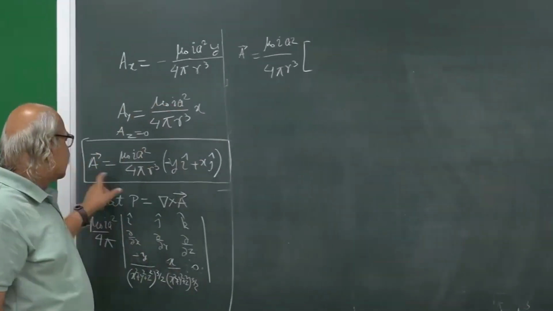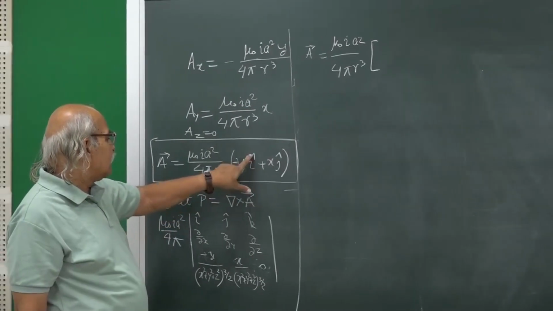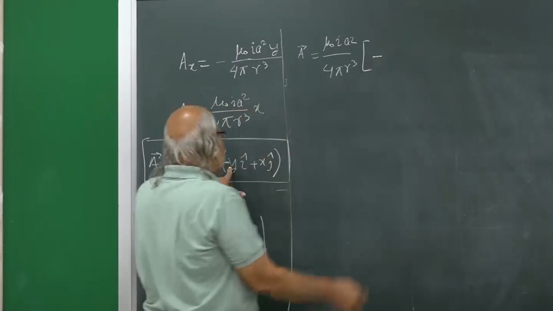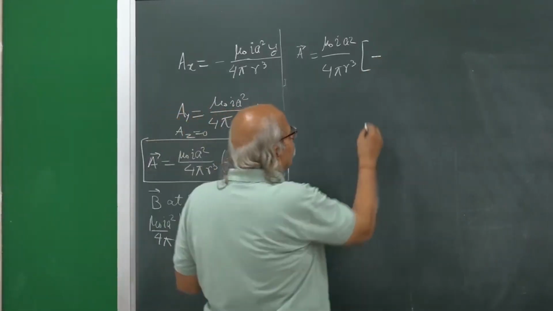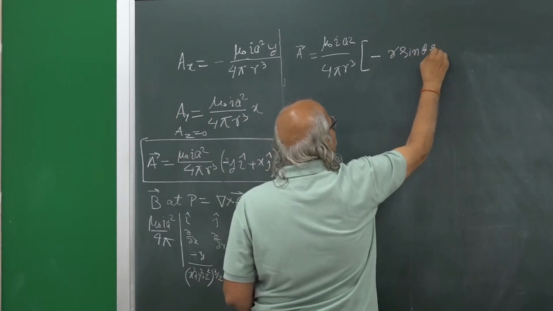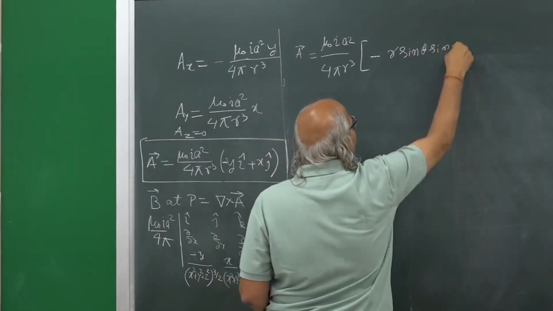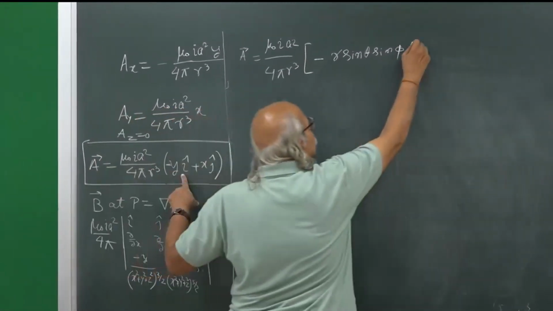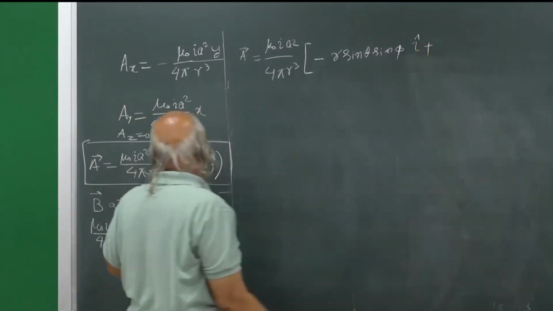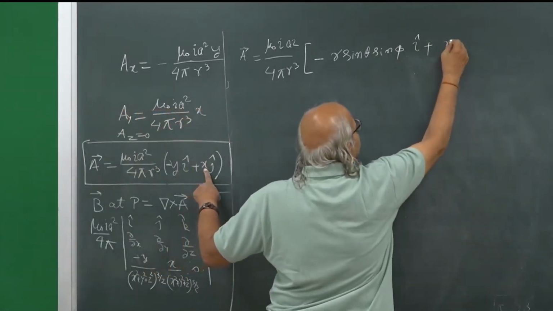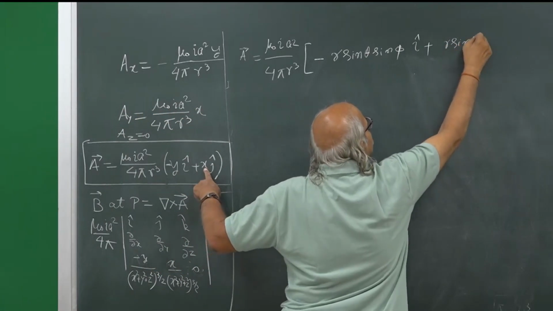So this A vector is minus y i cap plus x j cap, where y is r sin theta sin phi and x is r sin theta cos phi.